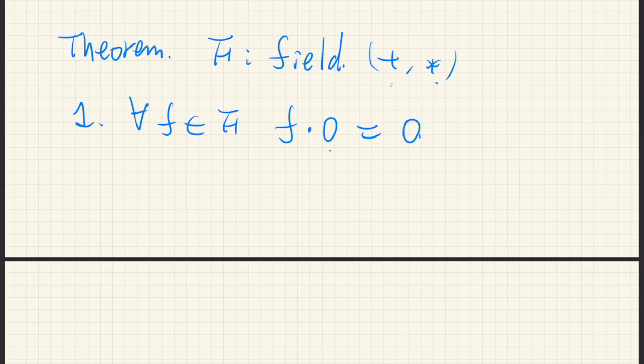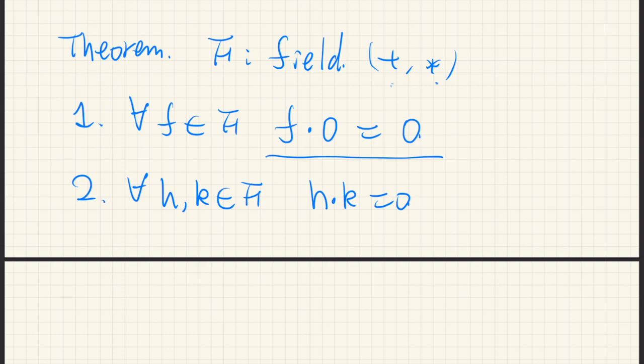Recall that we did not specify this condition as a part of the axioms. This is actually a derived property from the axioms. And second, for all elements h and k of the field F, if hk, so h times k, is 0, so the multiplication between h and k is equal to the 0 element, then either h is 0 or k is 0.